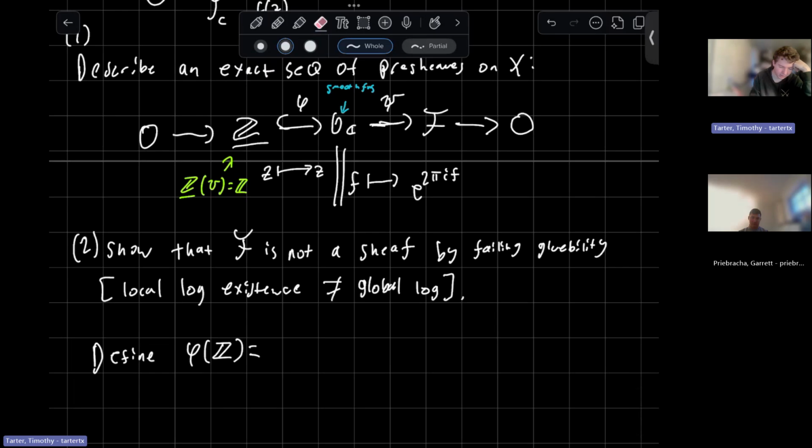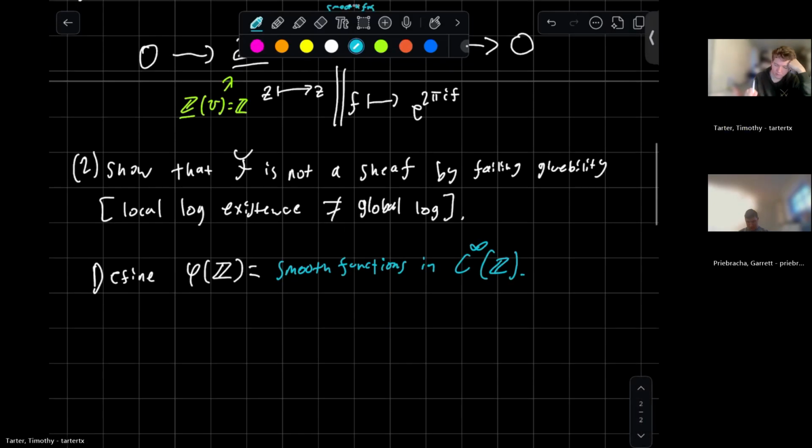Oh, I guess we're getting this sent to smooth functions in C infinity over Z. I'm kind of wondering if this is the empty set, because I can't think of anything that's smooth over Z. It's just not possible.